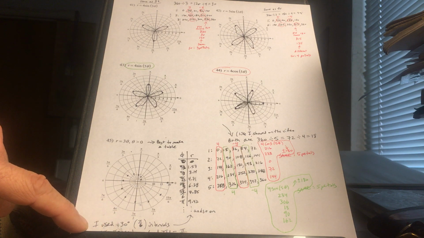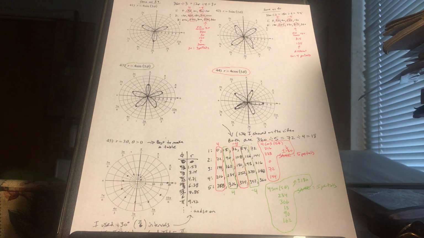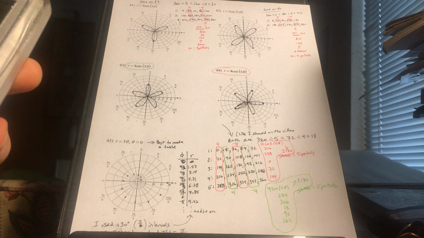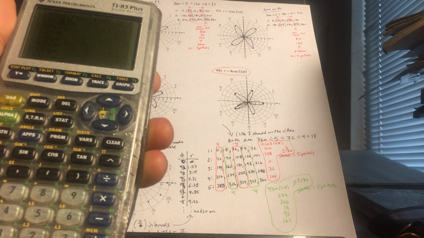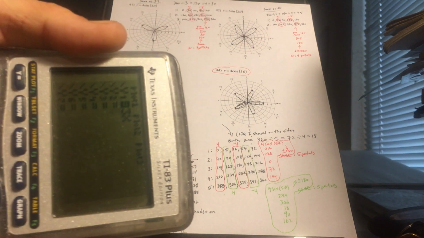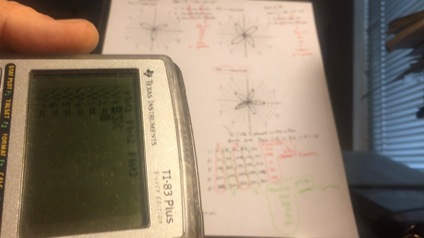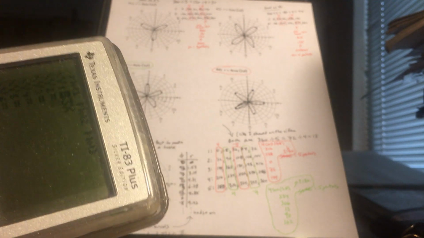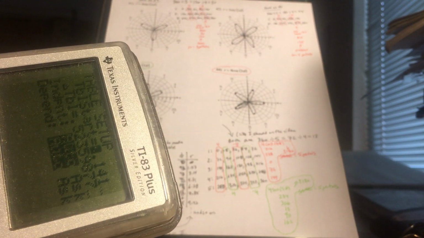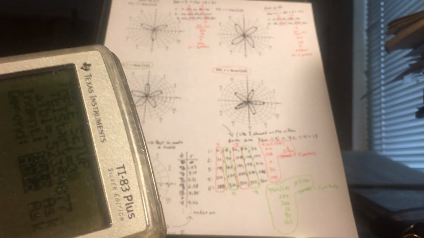I went into the TI calculator. I set up a table based upon the 3x. So you guys can see that, huh? Yeah. Sorry, it's sideways. I'm kind of on a table here. But you can see the 3x. And then I went to the table set, and I set it starting at 0.